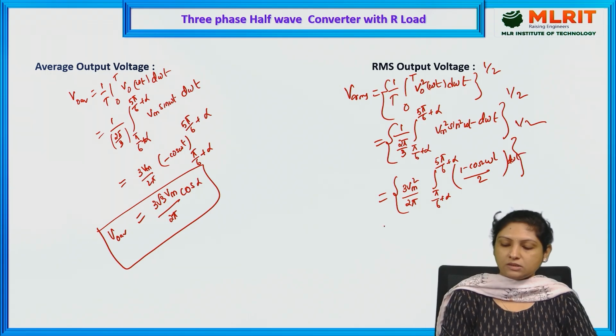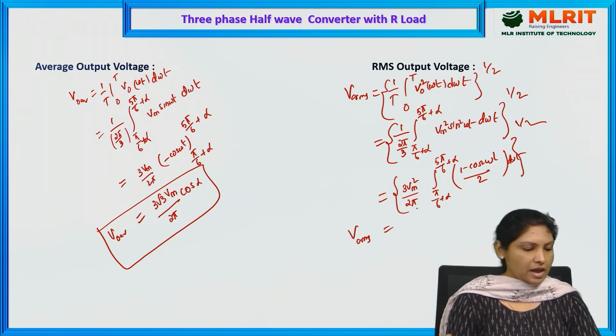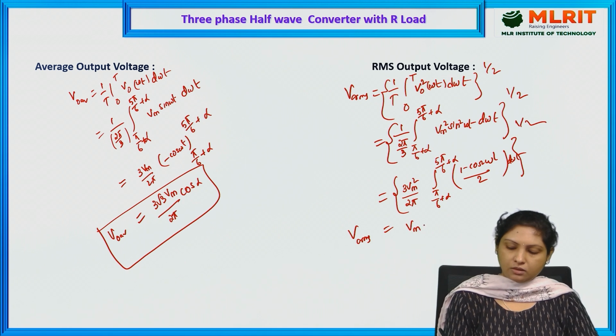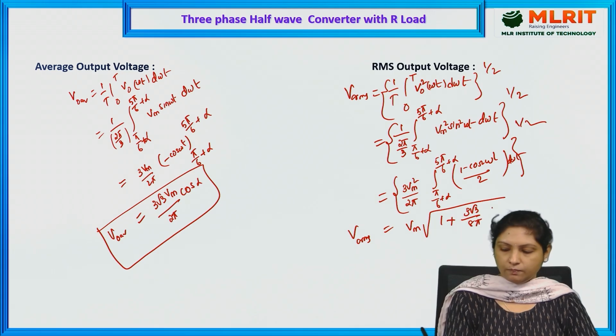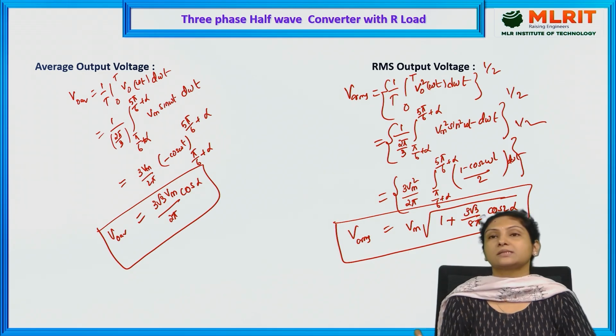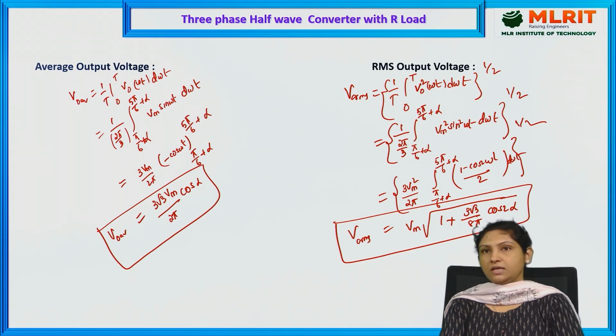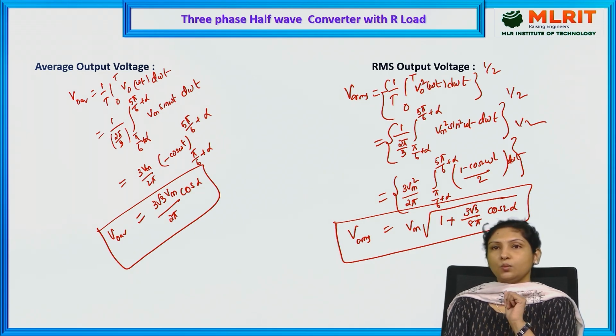In that case, we get the V0 RMS expression as Vm under root 1 plus 3 root 3 by 8 pi into cos 2 alpha. This is the final V0 RMS expression for 3-phase half-wave converter with R load.